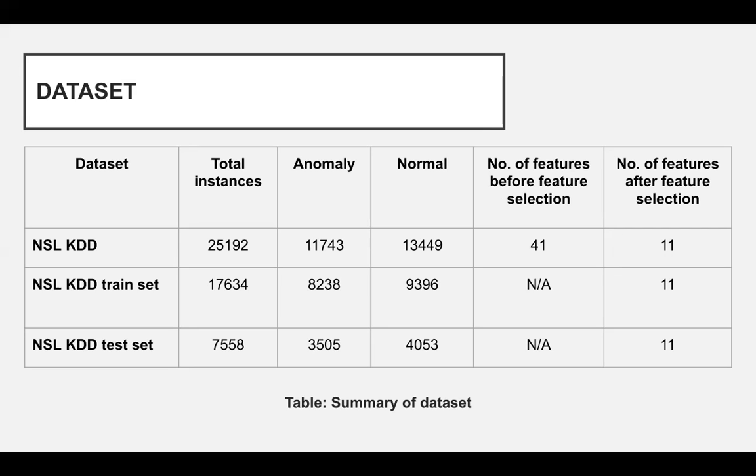On the other hand, the test set has 7,558 total instances, where 3,505 instances are anomaly and the rest are normal. Before selecting the features, there were 41 features, from which 11 important features was selected.